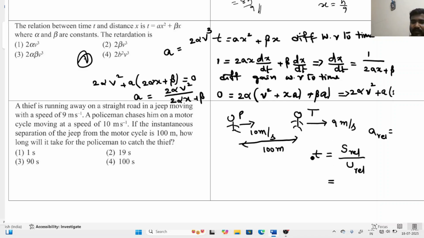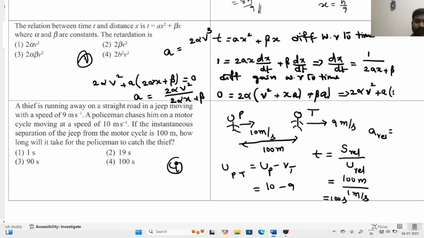The relative separation is 100 meters, and the relative velocity is the velocity of police minus the velocity of thief, which is 10 minus 9, giving 1 meter per second. Therefore the time taken is 100 seconds. So go with option 4.